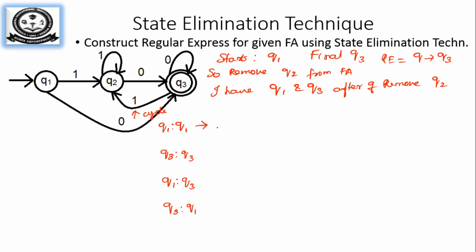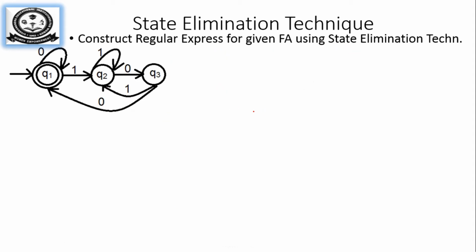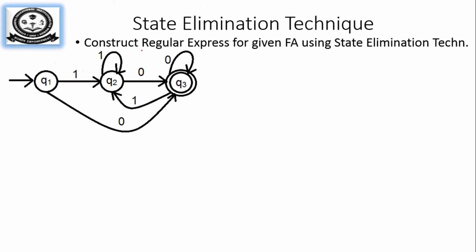So let us see how it is done. First I will take Q1 and Q1. So we will find what is the transition for Q1. We will take it in this way.